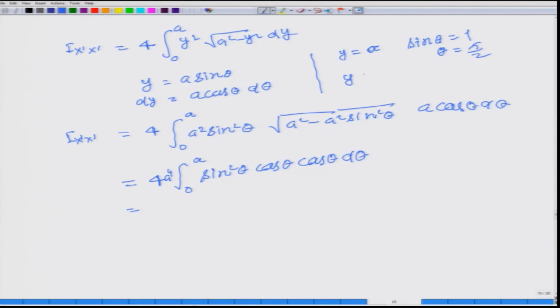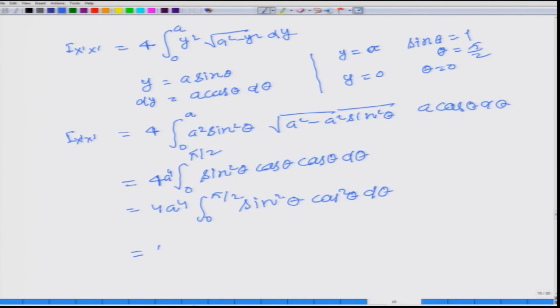When y equals 0, theta would be equal to 0. So, the limit will go from 0 to pi by 2. So, this is nothing but 4 a to the power 4 integral 0 to pi by 2 of sin square theta cos square theta d theta.